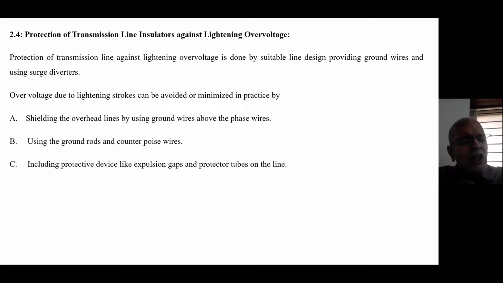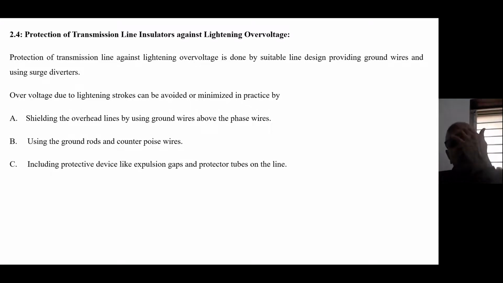The ground wire has to be connected to a very clear-cut ground so that the soil resistance or resistivity is less. For that you have to use ground wires or counterpoise wires. And the third thing is that in certain cases, if it is very important, people use expulsion gaps and protector tubes also. And the fourth thing I'll be showing is the shielding angle.